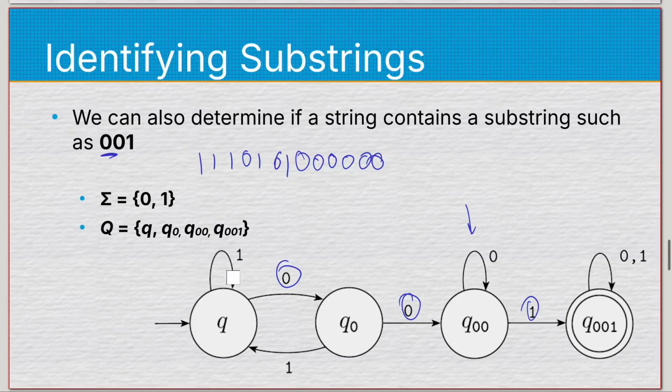So 1, 1, 1, 0, 1, 0, 1. Let's see, 1, 2, 3, 4, 5, 6 zeros. But we'll never be able to accept on this because we would need at least a 1 somewhere in here. Actually, you know what? Let's put a 1 right there. So we get to this.